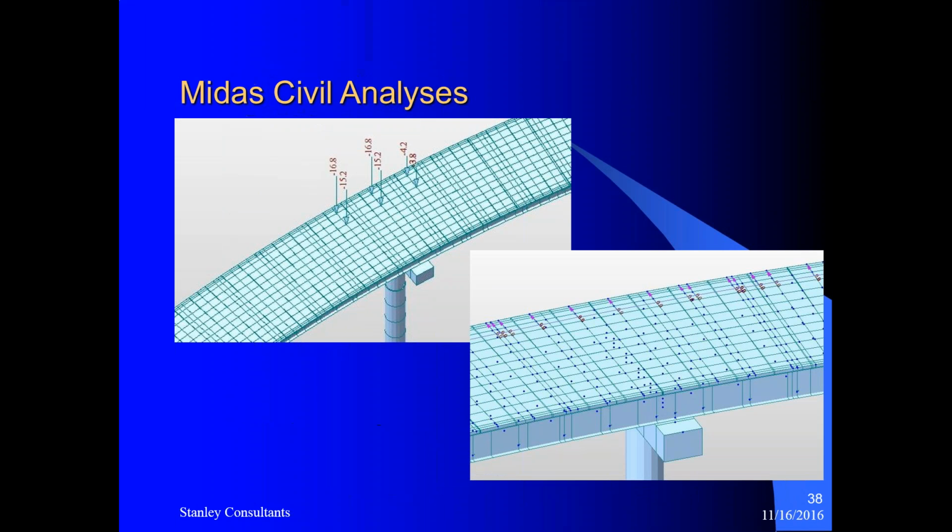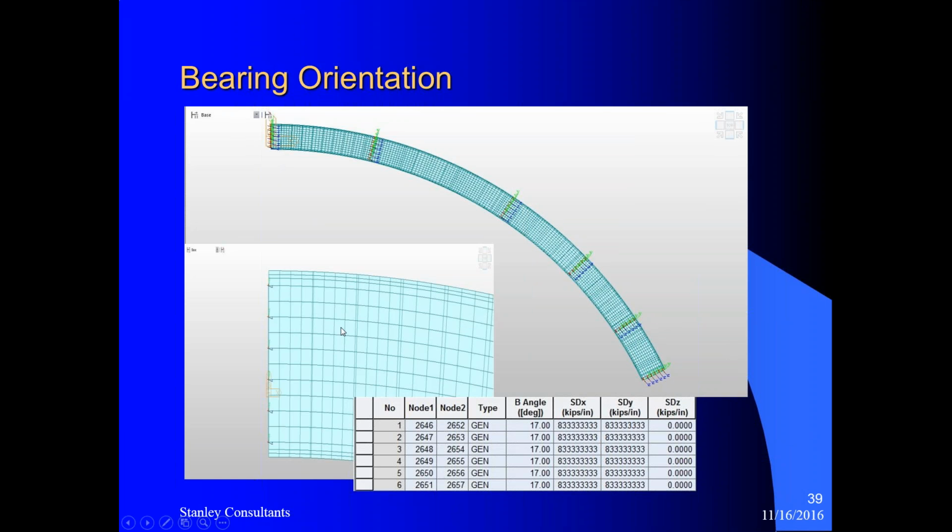I can go back to that slide here. Here you define an elastic link, and in Midas you can define the height of that link. That should be about the same as your bearing, and then, if it's an expansion bearing, you can orient it towards the fixed bearing.